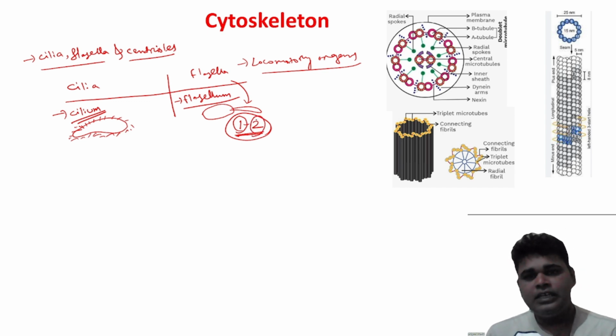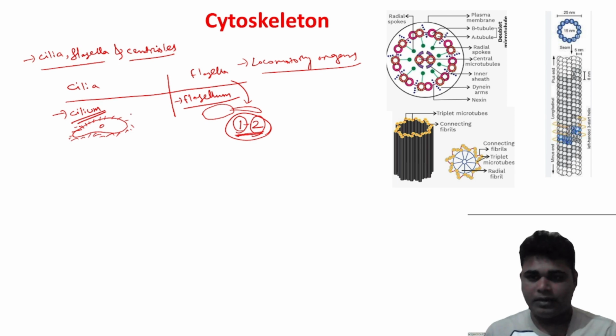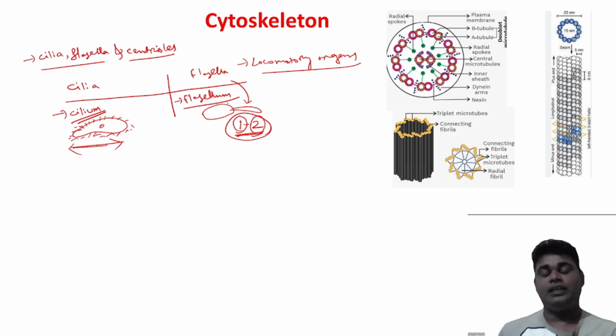For example, in the euglena, the flagellum is present. The paramecium looks like a slipper, so that's why the paramecium is also called the slipper-like animalcule. So in the paramecium, the cilia are present, and in the euglena, the flagellum is present.